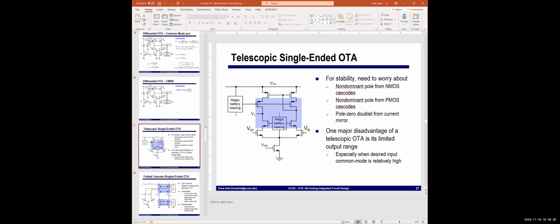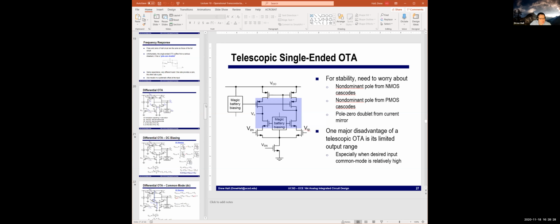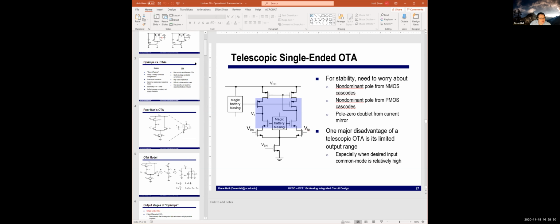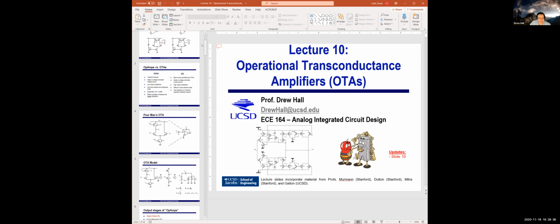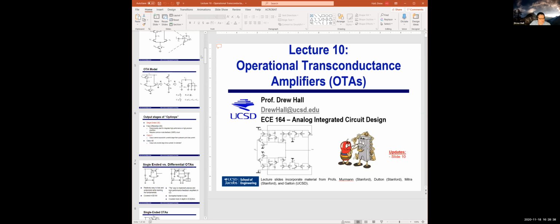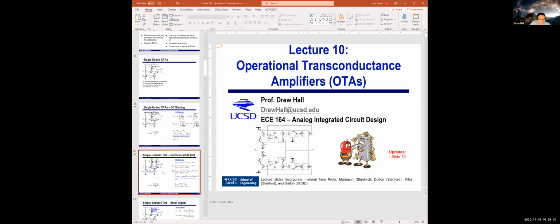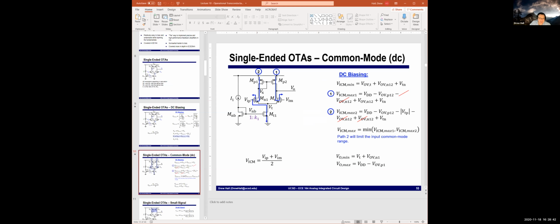Sure. So I did make one update to lecture 10, slide 10 in particular. I've posted the updated slides. I'm probably not going to re-record the lecture, so I will just tell you here. In calculating the maximum input common mode of this circuit, due to the asymmetry in the load, there's a different solution depending on which side of the branch you calculate.